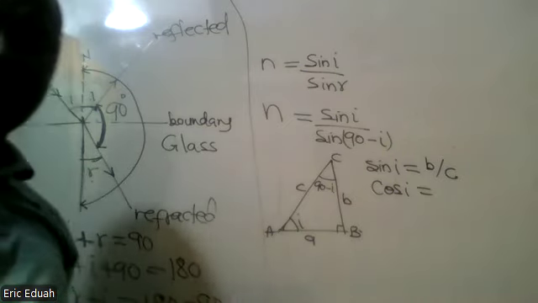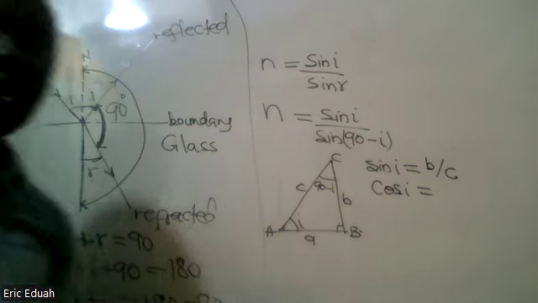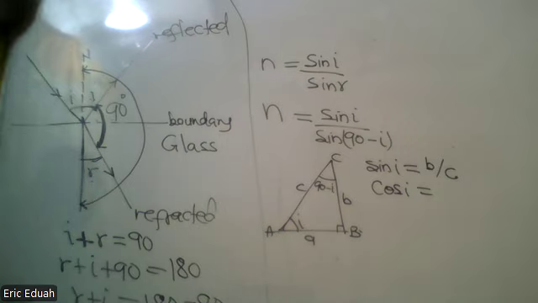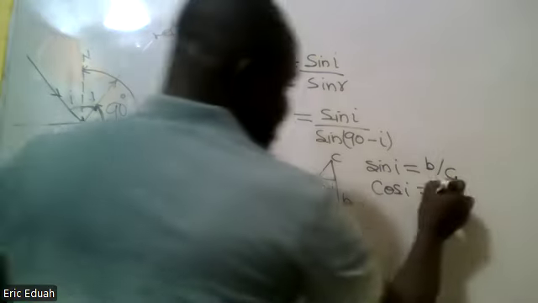Cos of I. Elizabeth, what is cos of I? A over C. So A over C.